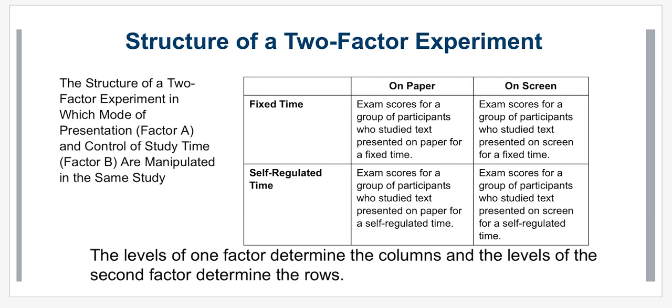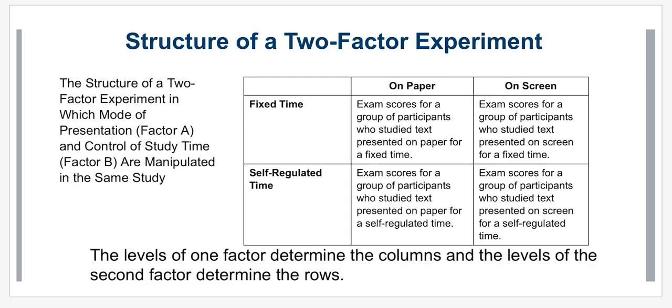They could get more distracted when they're looking at information on the screen, who knows. But regardless, it seems that their exam scores are worse when they're in charge of their own time for studying, but only when they're studying on a screen. So that's an interesting relationship, right? That we would not have seen if we had studied them each individually.